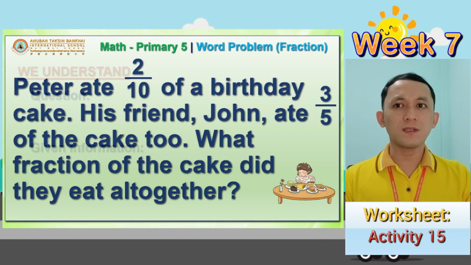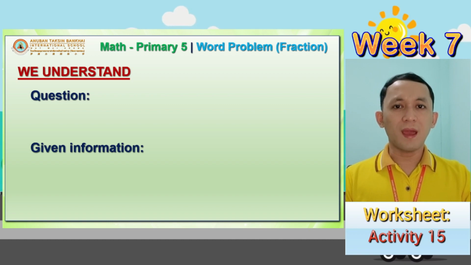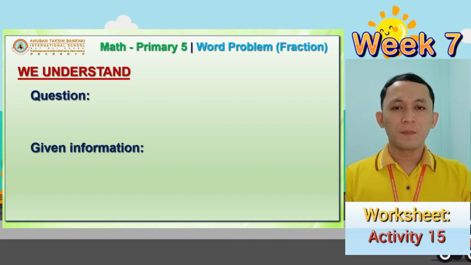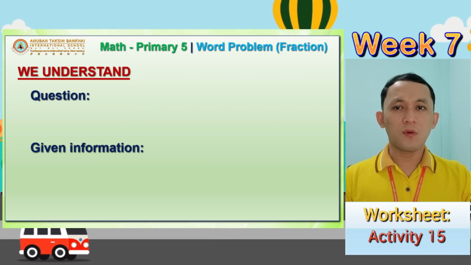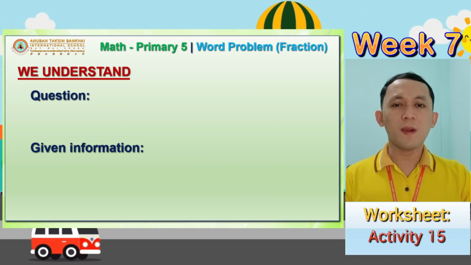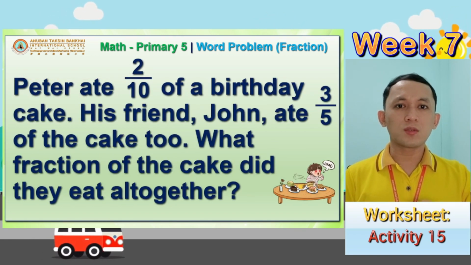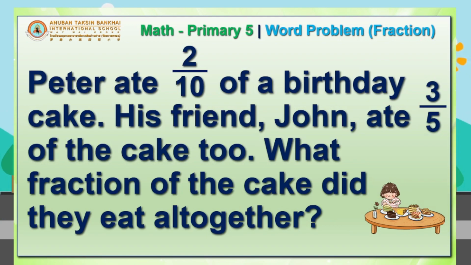First we have we understand, and we are going to identify our question and the given information. Let's go back to our problem. So that you will not be confused about which sentence is the question, we just look for the question mark.